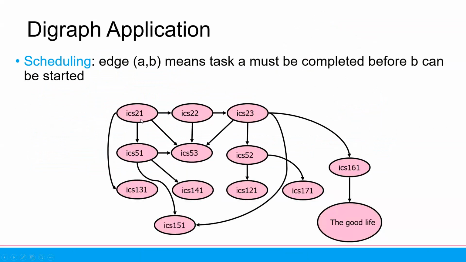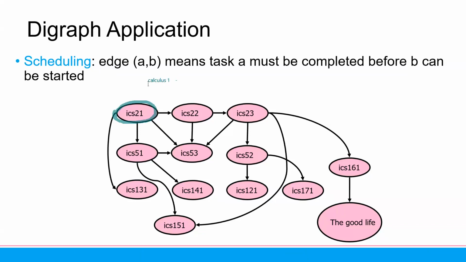In some applications like scheduling, at A, B, it means that task A must be completed before B can be started. So maybe this is an example about a route, or this is like course completion. In our department, we don't have a kind of sequence, but in some other university, they have a sequence. Let's say you complete calculus 1.